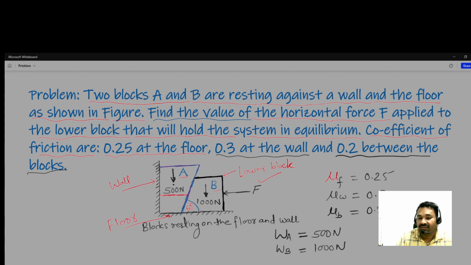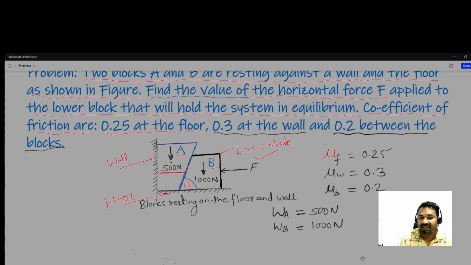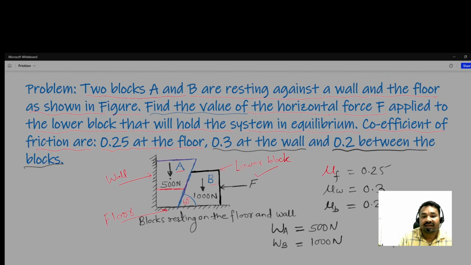Okay, so what we have to do, let us start our study from the free body diagram, and it is very obvious. In this question, what is the statement saying? What should be the value of F so that block A, the upper block, stays in equilibrium and does not come into motion. And block B will press it so that it cannot move downward.